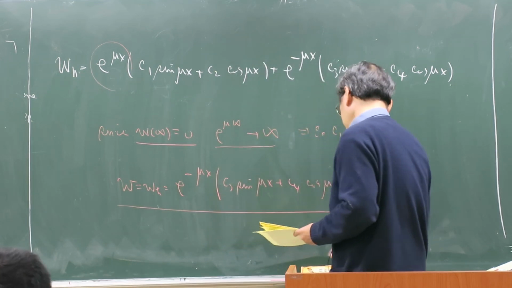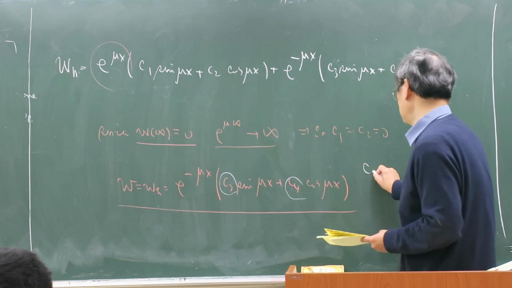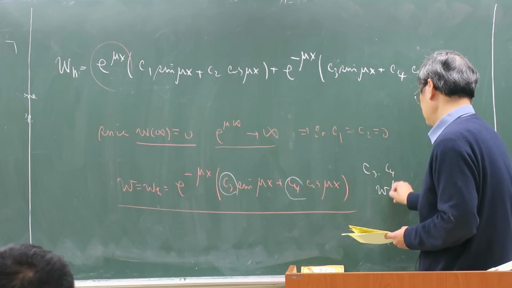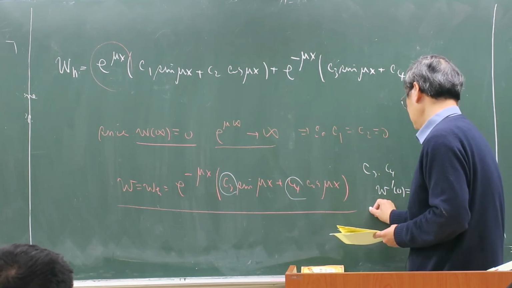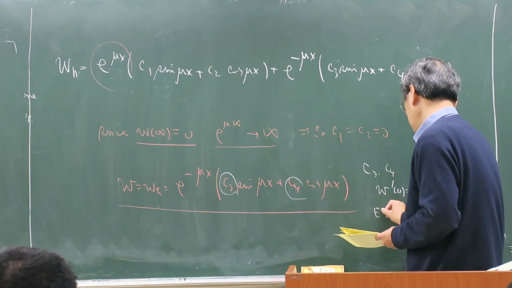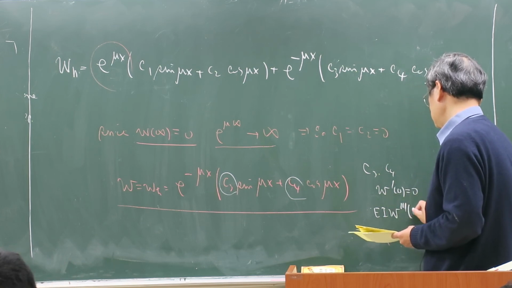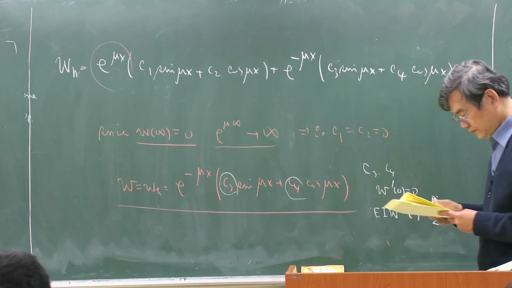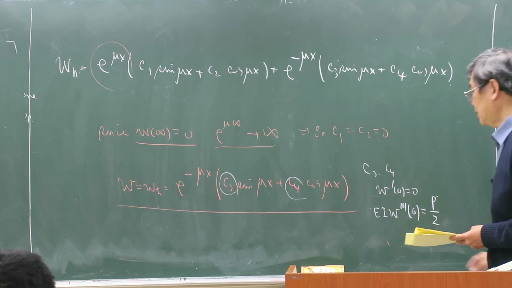And these two, C3 and C4, can be determined by W slope at 0 equal to 0 and EI W triple prime at 0 equal to half P. So from this one, I got a solution.